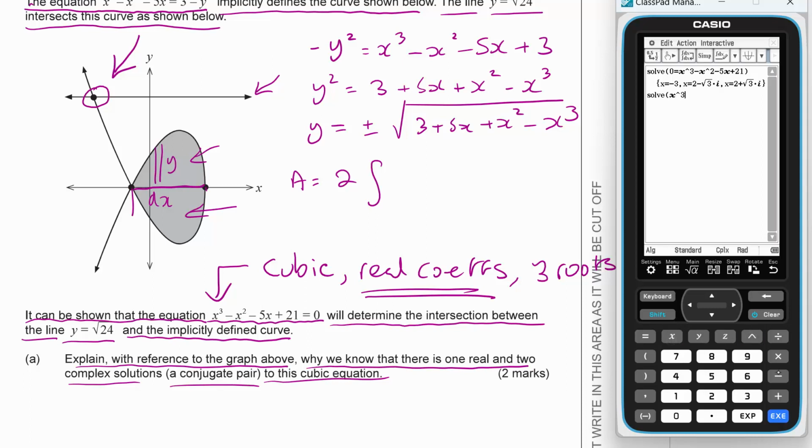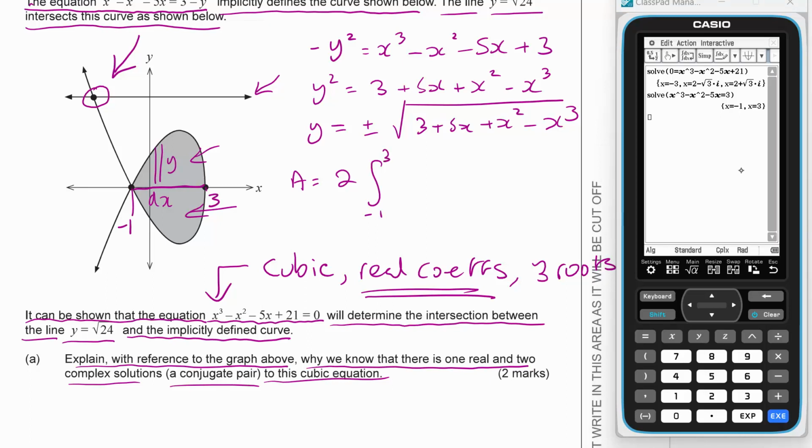We've got x cubed minus x squared minus 5x is equal to 3. And that gives me -1 and 3. So this one's at -1, this one's at 3.